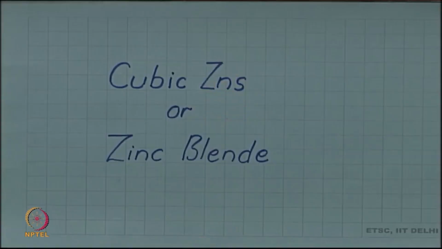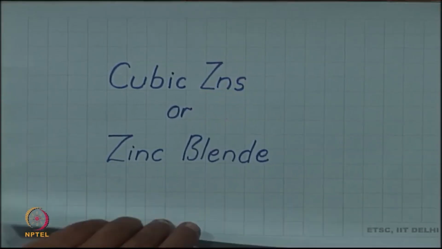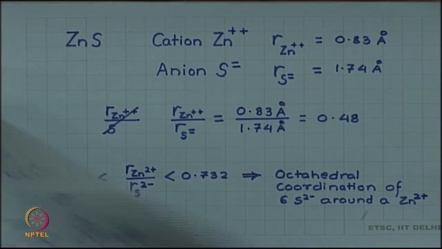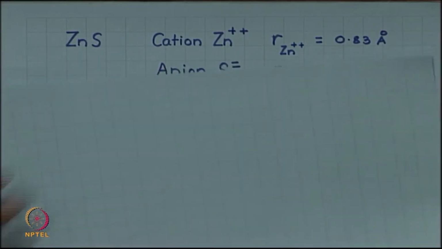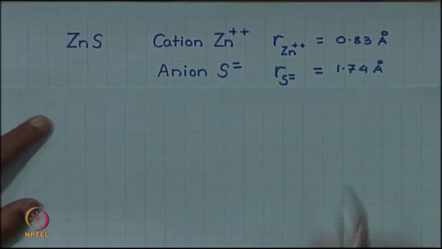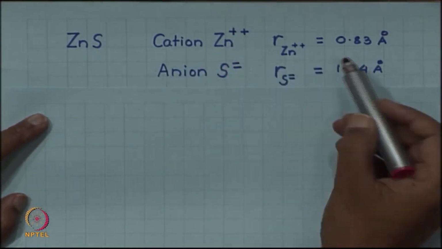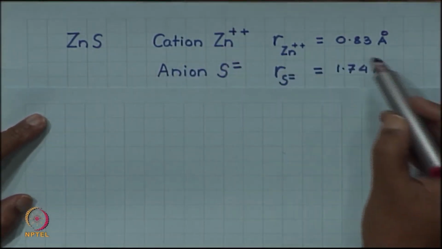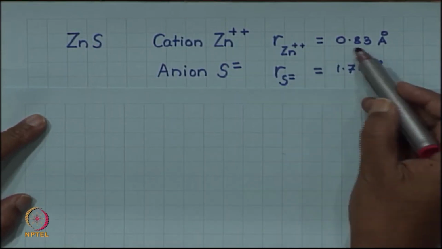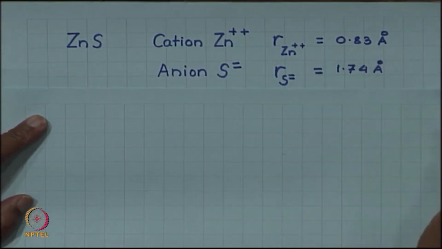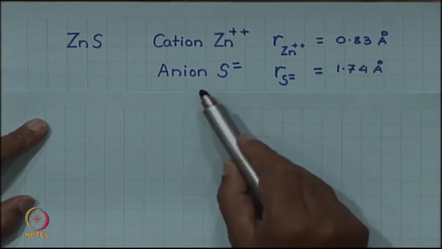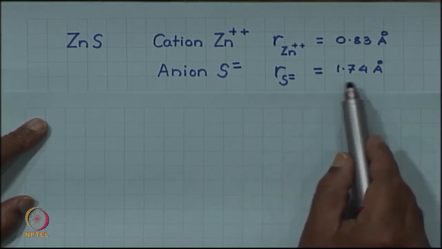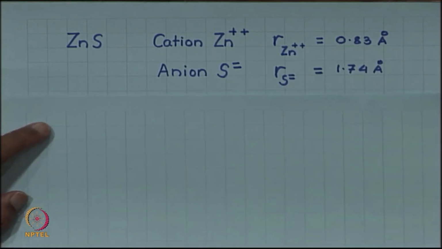Let us consider the structure of cubic zinc sulphide, also known as zinc blende. In this structure, we have the cation zinc 2+, which has a radius of 0.883 angstrom, and the sulphide anion with a radius of 1.74 angstrom.